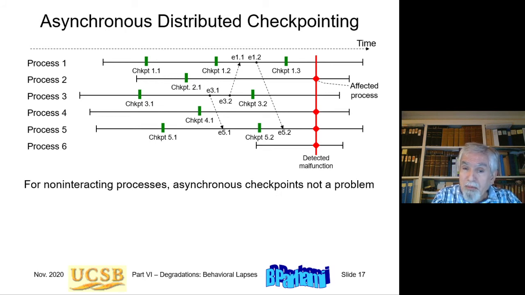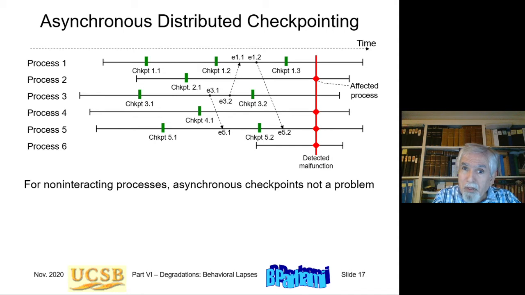Okay, so when you have interacting processes like this, you have to find a set of consistent checkpoints to which you should go. In this case, because I want this message to be sent again, even though this process was not affected by this malfunction, I have to roll it back all the way to here.